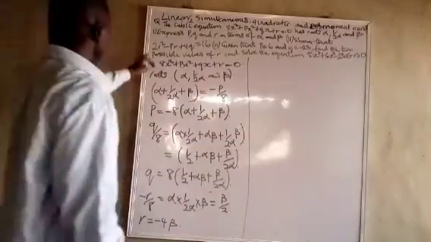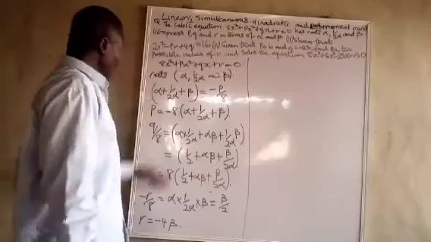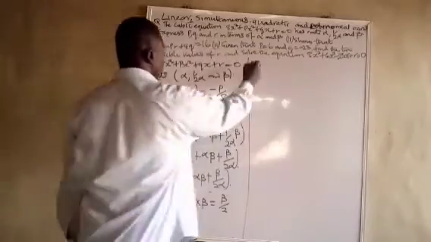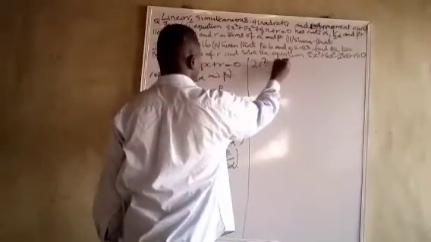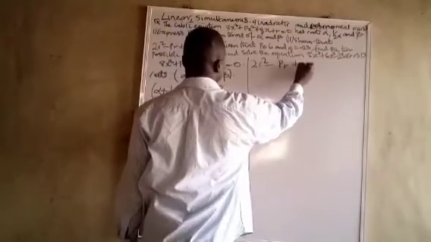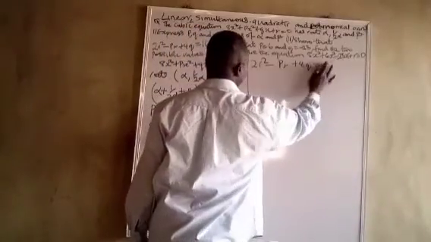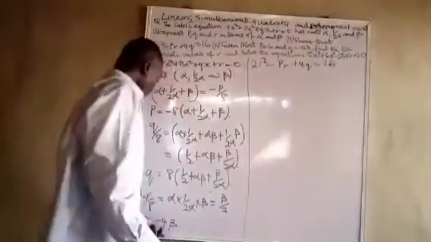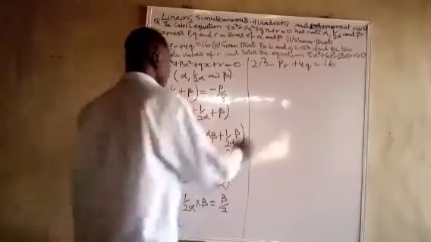Now we are told that we should prove that this expression is equal to 16. That is 2r squared plus pr plus 4q is equal to 16. And what is 2r squared?